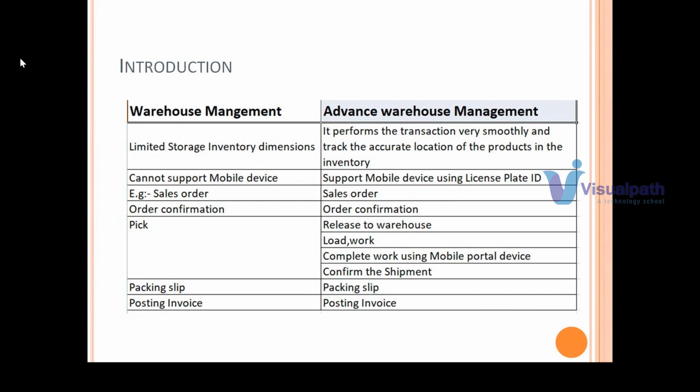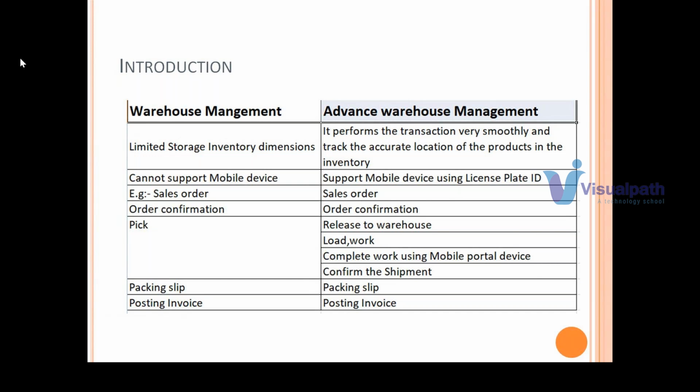It's an external application device where you connect with different types of connectors, and here we perform confirming the shipment or dispatching the goods to the customers, and performing the packing slip and posting the invoice. So this is how the basic standard process works for the warehouse management and advanced warehouse management system.